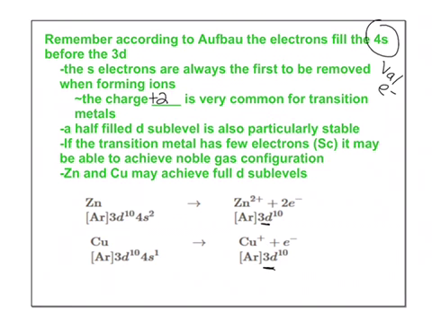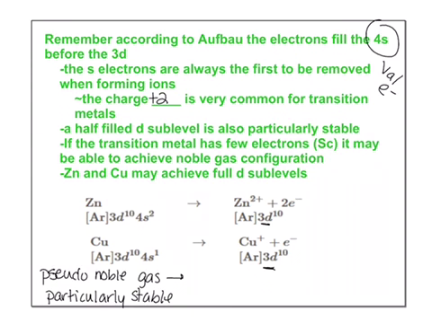We call this a pseudo noble gas configuration, and this is particularly stable as well. A pseudo noble gas electron configuration has, so to speak, 18 valence electrons, or what appears to be 18 valence electrons.